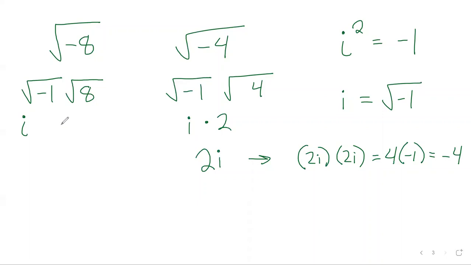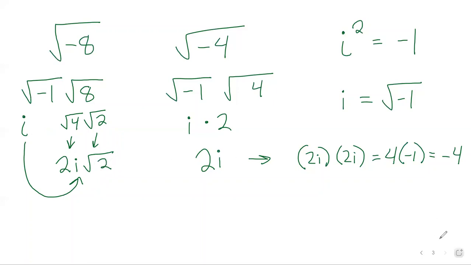But we know we can separate this into a perfect square, and then we have 2 left over. So we end up with 2, i, and then root 2. And that is the order that you write it: everything outside of the radical, starting with regular numbers, then imaginary ones, and then everything inside the radical.